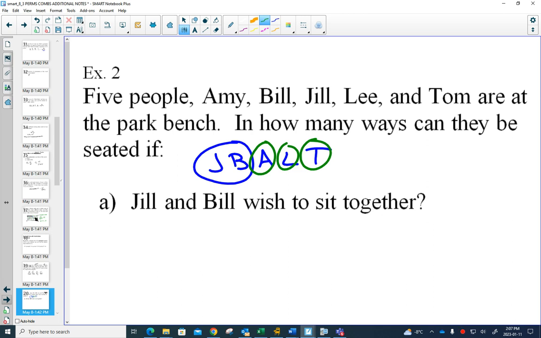So Jill and Bill can sit together if they're in the middle or on the end, but Amy, Lee, and Tom, they don't have to be together. So first of all, how many groups are there? There are 4 groups. 1 group of 2 and 3 individuals that are like groups of 1.